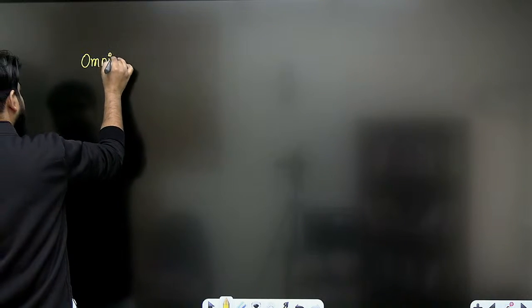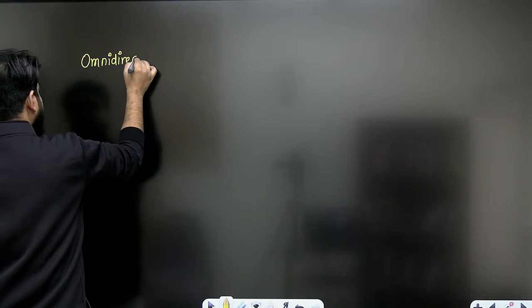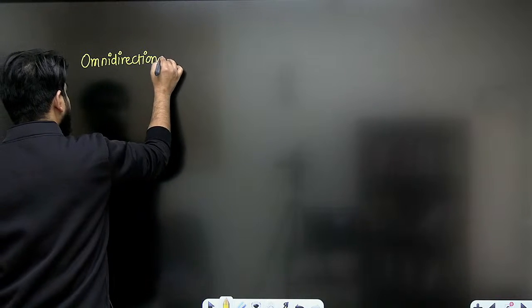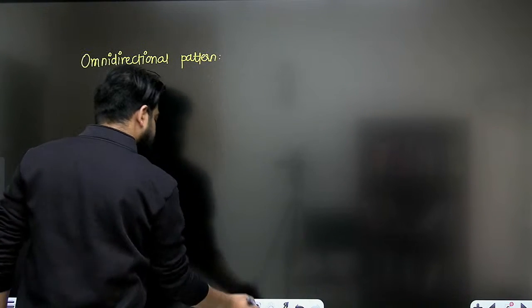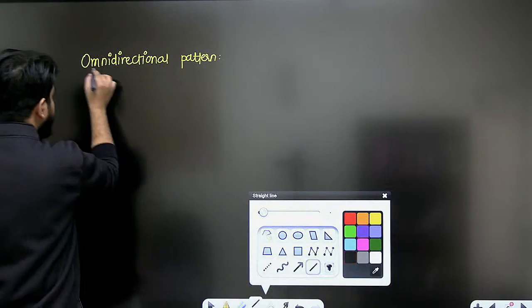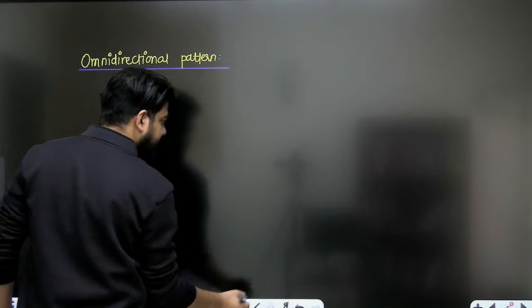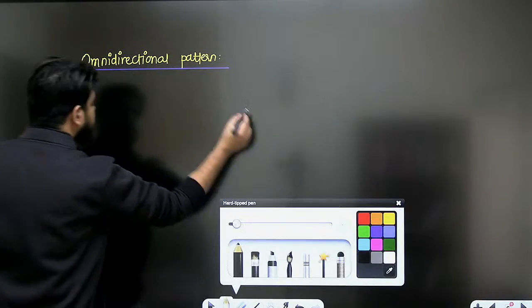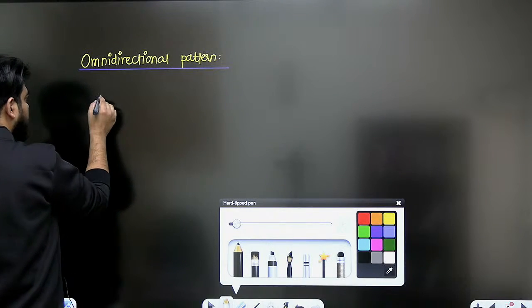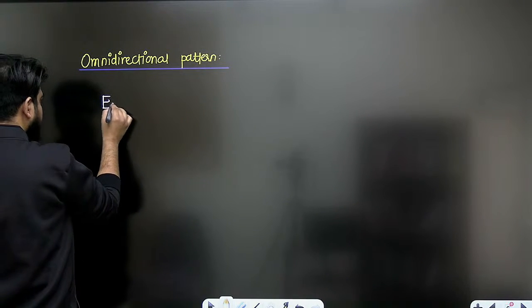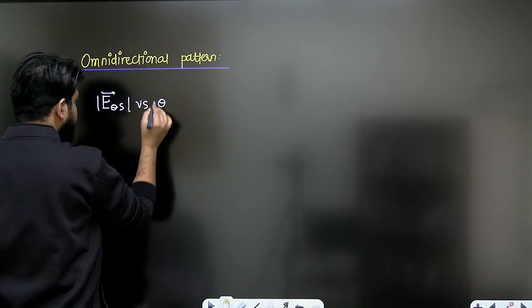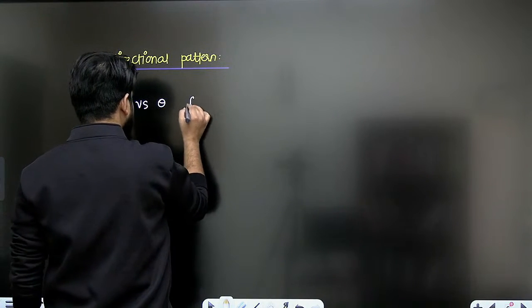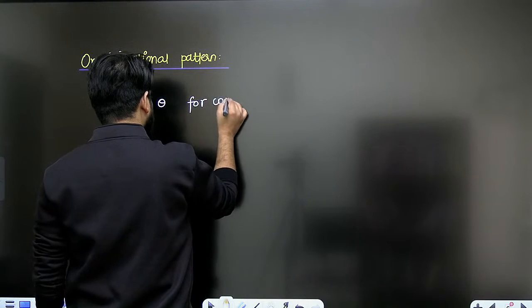So let me define the omnidirectional pattern in a little bit elaborative manner. When we say we want to discuss the omnidirectional pattern, it means there are certain things that you can plot. The first thing is that you will be plotting mod of E theta s versus theta for constant phi.